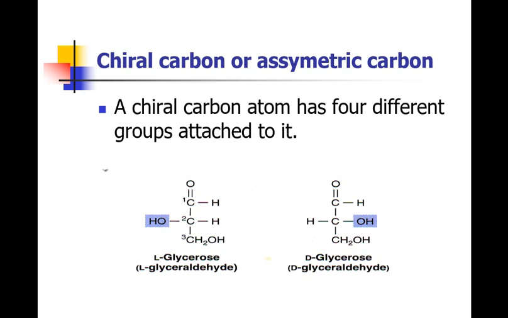Here n is nothing but the number of chiral carbons or asymmetric carbons present in the structure. Glyceraldehyde has only one chiral carbon, because the first carbon and third carbon are not asymmetric, because they are not bonded with 4 different groups. Only the second carbon in glyceraldehyde is bonded to 4 different groups. So this carbon is called the chiral carbon.